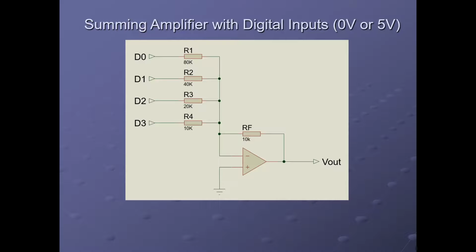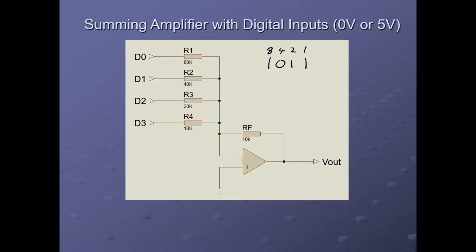Just like binary, if I look at a binary number 1 0 1 1, this column is ones, this column is twos, this column is fours, and this column is 8s. Each time the value is doubling, and these resistors are in the same sort of sequence. They're halving or doubling, whichever way you look at it.